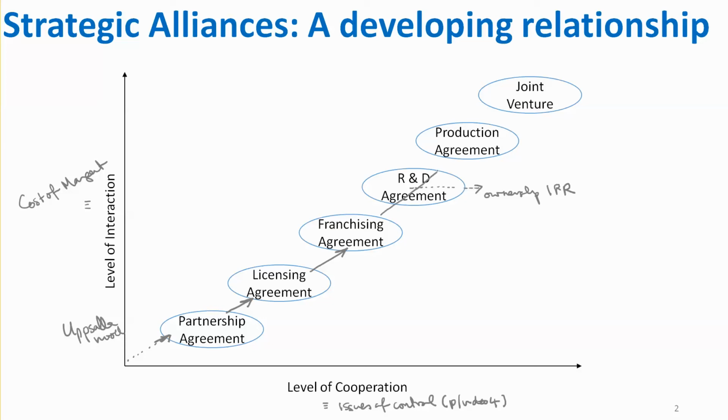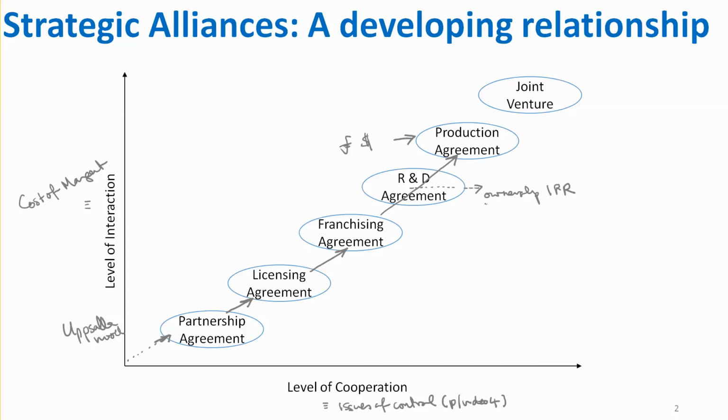Moving on from that, the next stage may be a production agreement where, as implied in the R&D agreement, there has to be some kind of finances put into building a factory or building the processes for there to be production.